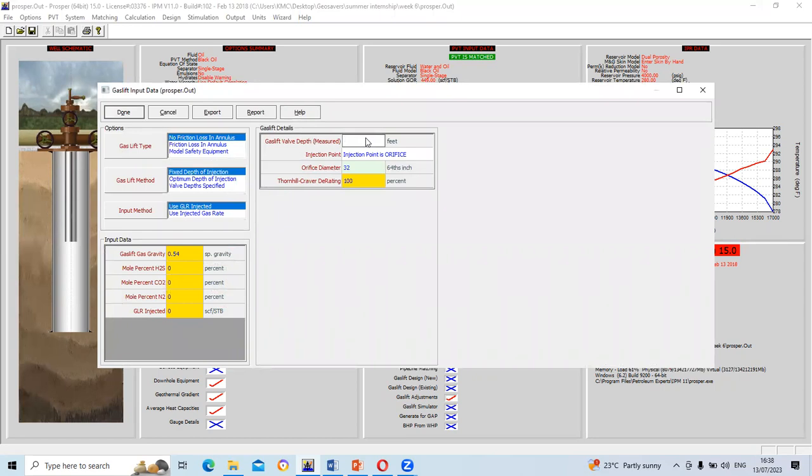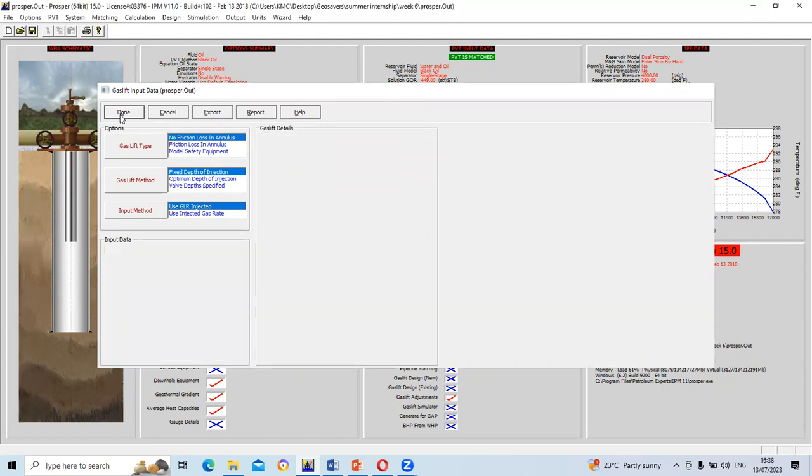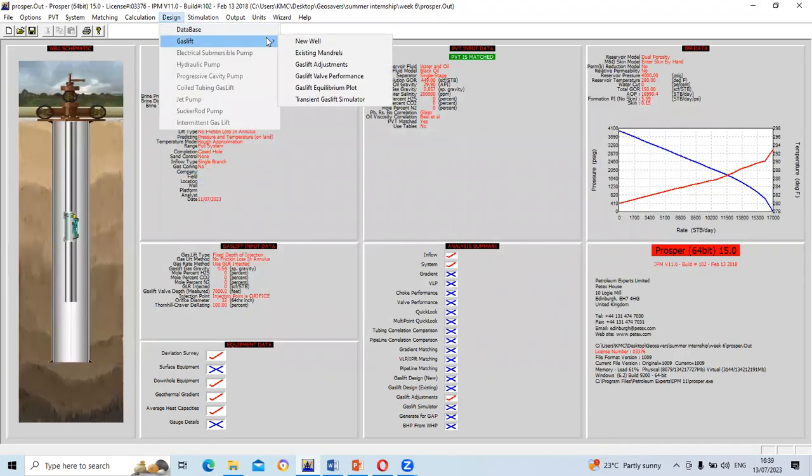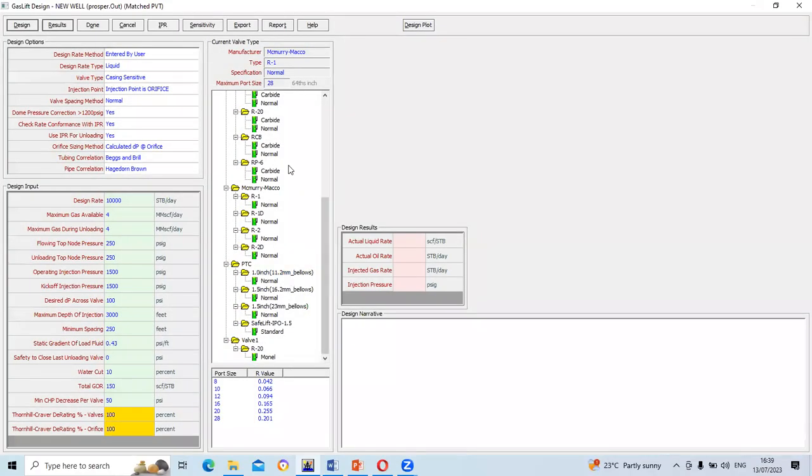It should be lower than 7,500, which is where our tubing is. So put 7,000. Put 7,000. Go to design. Gas lift. And we have the maximum depth of injection. This is 7,000.